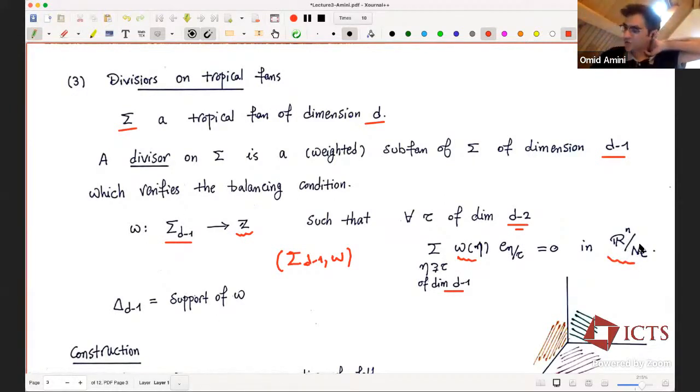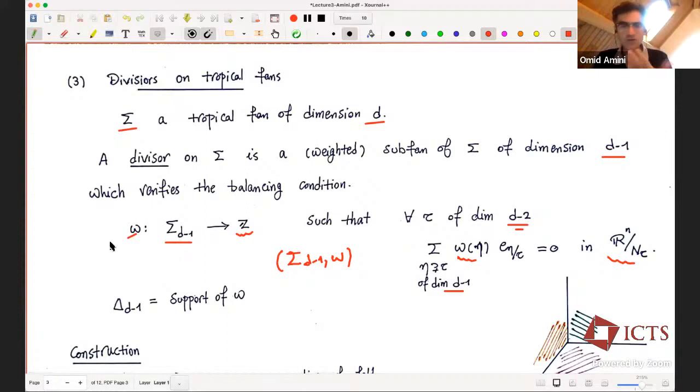So I just rewrote the balancing condition this time for the cones of dimension d minus 1 that you see in the original fan of dimension d when you endow them with this weight function.